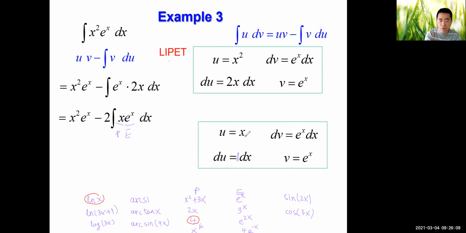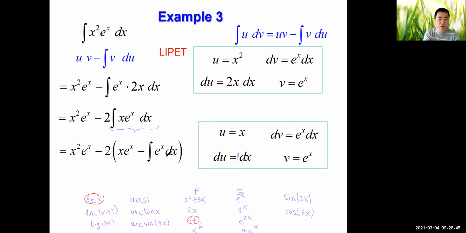Apply the integration by parts rule, u times v minus the integral of v du. So this time, see that one is the same. The integral here, using integration by parts, this is u, this is v, minus the integral of v du.